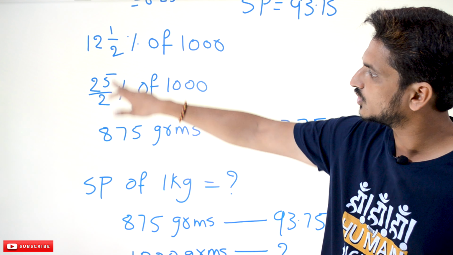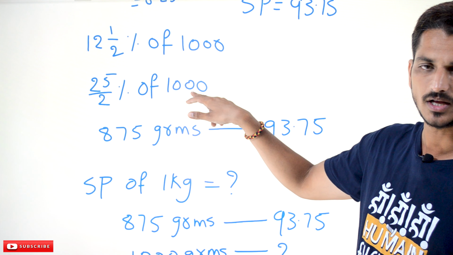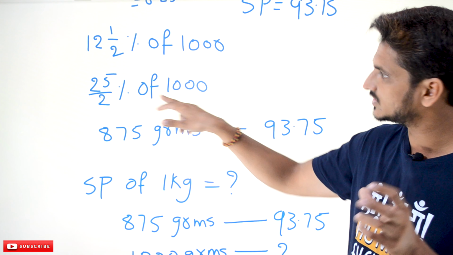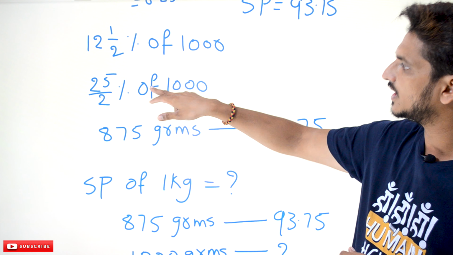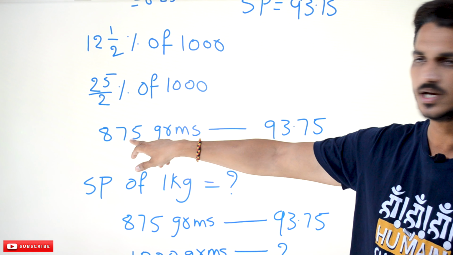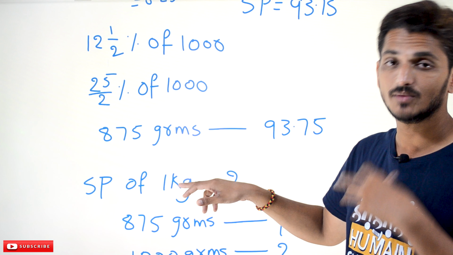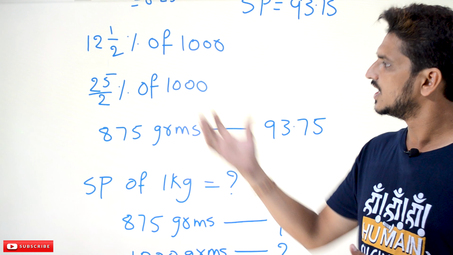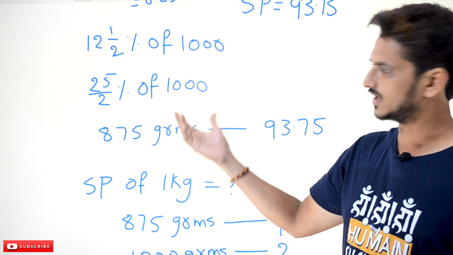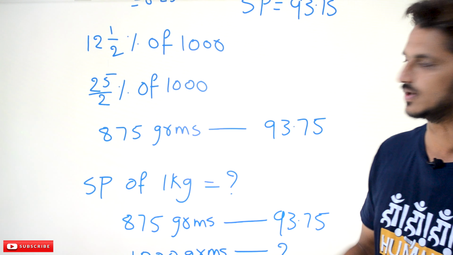How do we get that? 25/2 divided by 100 multiplied by 1000 gives 875 grams. We did many examples like this in previous classes, which is why we are not explaining this basic step again.